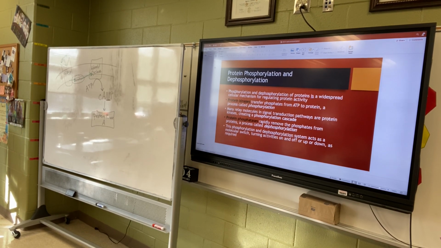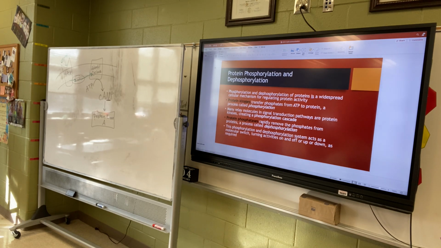In a phosphorylation cascade, a phosphate group is attached to a protein, a relay protein, to activate it. It activates the next protein, and then it is dephosphorylated, okay? So the key is that the protein gets the phosphate group, it's activated, it activates something else, then it loses the phosphate group.